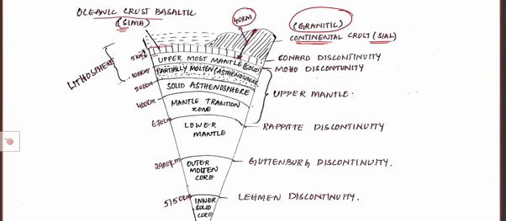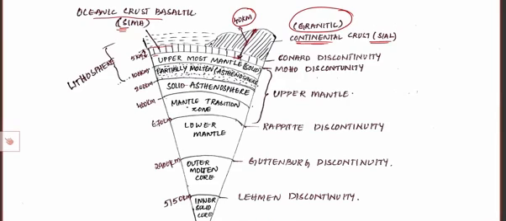The next thing we are going to see is the uppermost mantle, mainly solid, and this is the partially molten mantle, which we call the asthenosphere, and this is a solid asthenosphere. This is the mantle transition zone, between the lower mantle and the upper mantle.